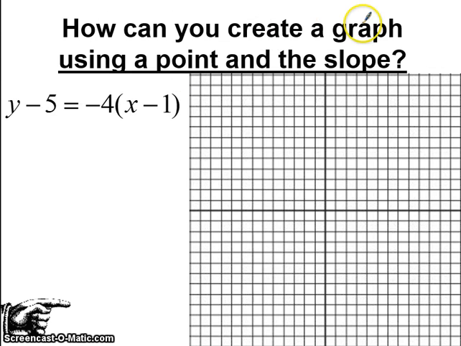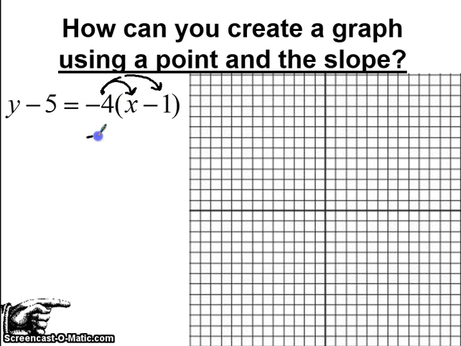Now let's look at how we can use point slope form to create a graph. So this is somewhat review, but it will put it all together for us. As you can see, we've already substituted our point and our slope into our equation, and now we're here at point slope form. We can change it to slope intercept form by distributing.